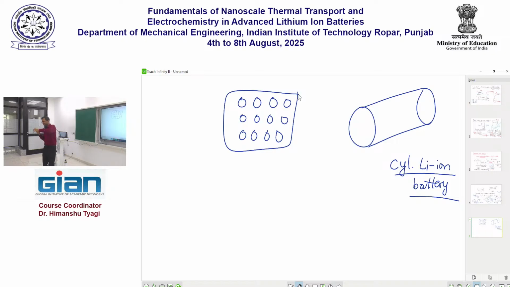These cylindrical cells will generate heat, and if we don't remove the heat out of these cells, they will overheat and cause all kinds of problems that we will look at in subsequent lectures. How do I cool these down? The simplest way is to blow air over this bank of cylinders.